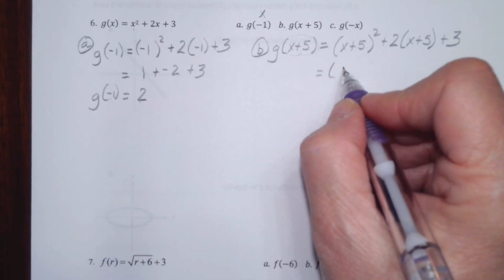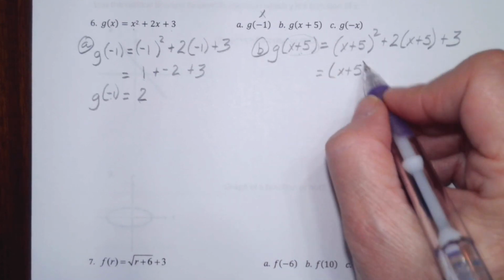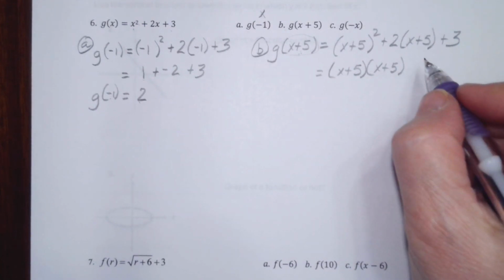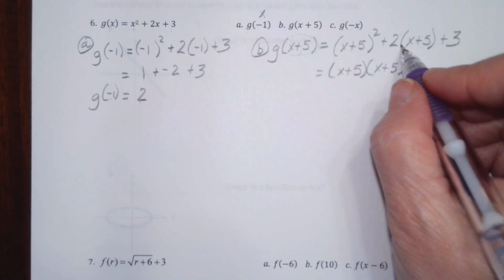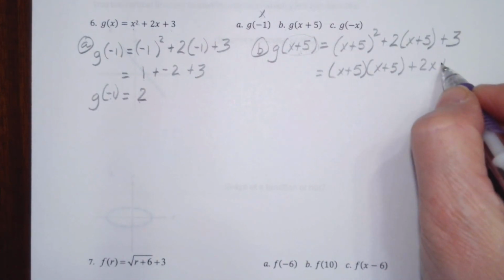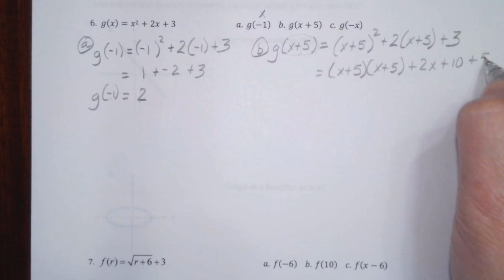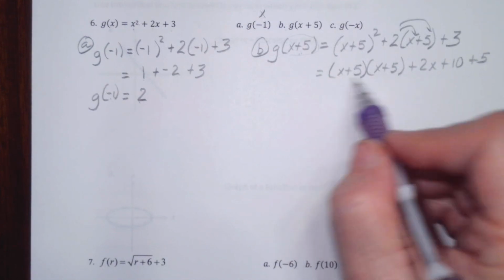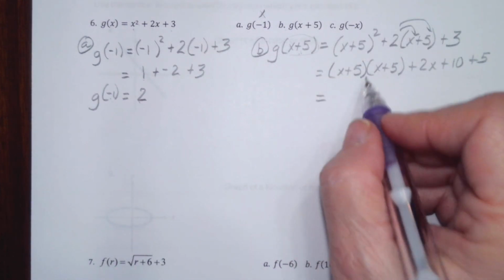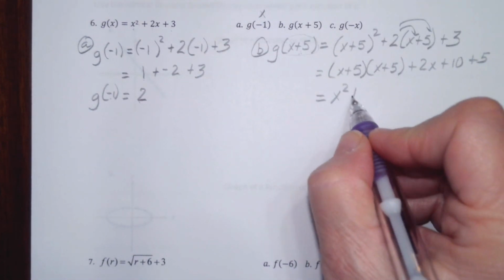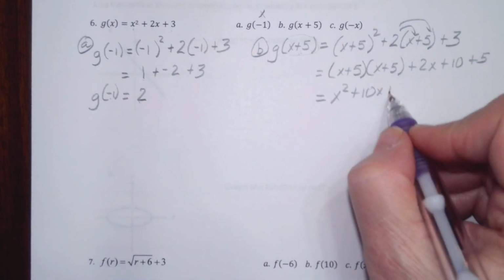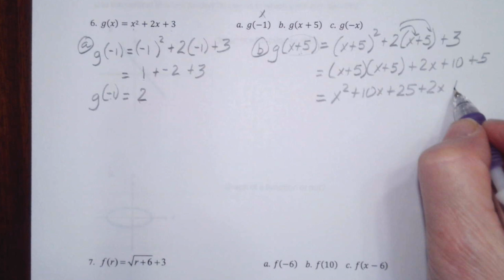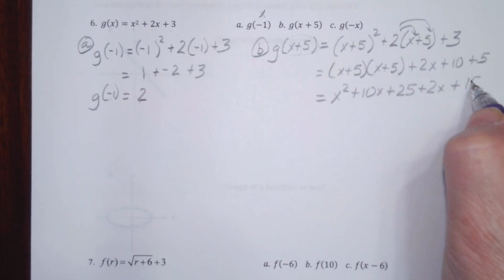So this is going to be x plus 5 times x plus 5, and then we're going to distribute, so 2x plus 10. Here we need to FOIL. So this would be x squared plus 10x plus 25 plus 2x plus 10 plus 3.